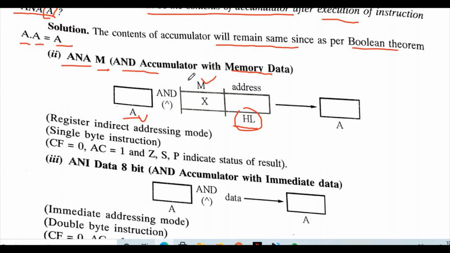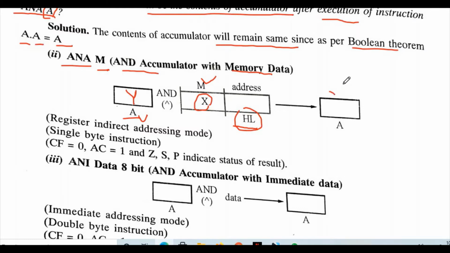Suppose at this memory the contents is X and in the accumulator the contents are Y. So after the execution of ANA M, the ANDing of X and Y will be stored in the accumulator. The final result after execution of this instruction is stored in the accumulator.